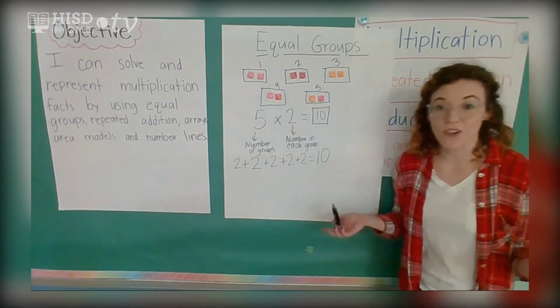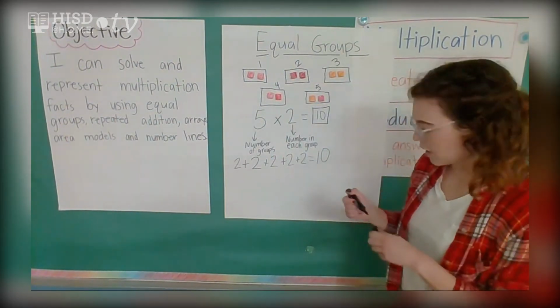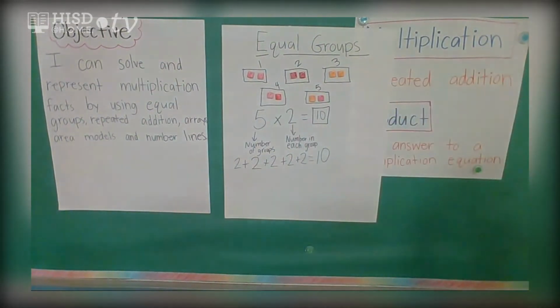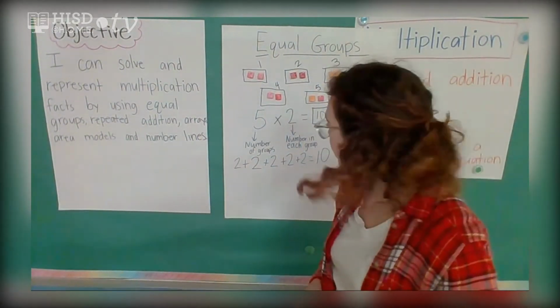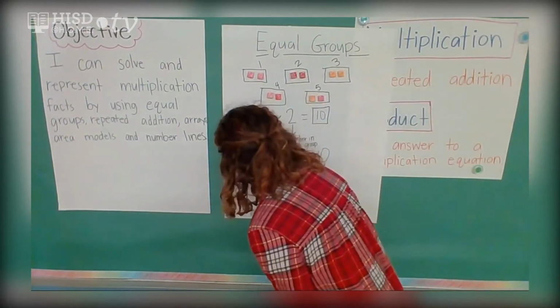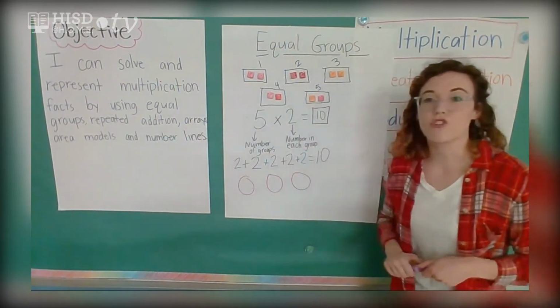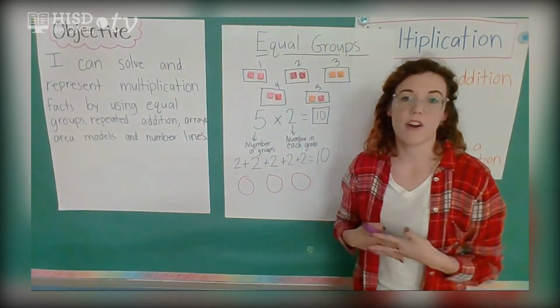We just did our first strategy. Let's try it once more. Let's do one more practice of this. Let's make 3 groups. 1, 2, 3. And this time we're going to draw. So a lot of times with groups you can draw however many there are in it.